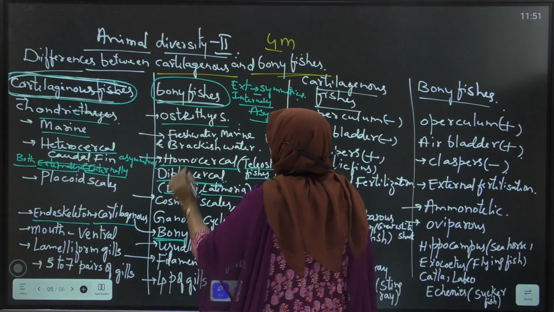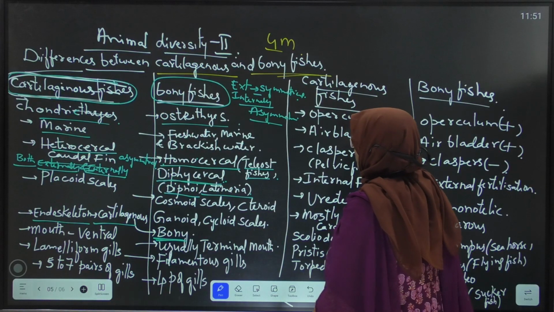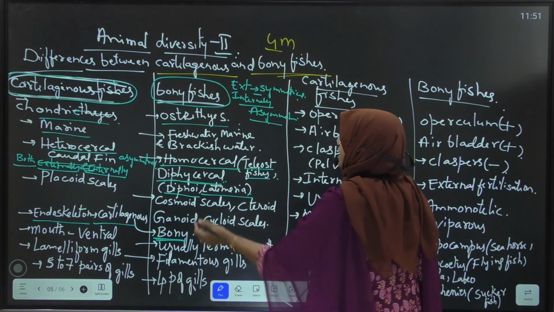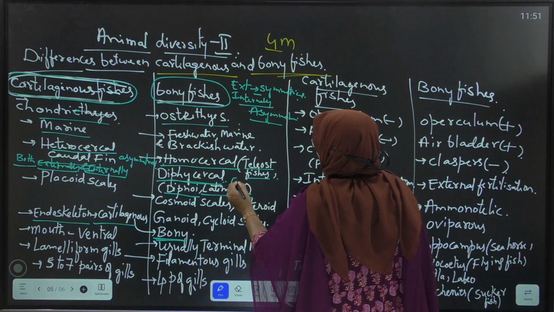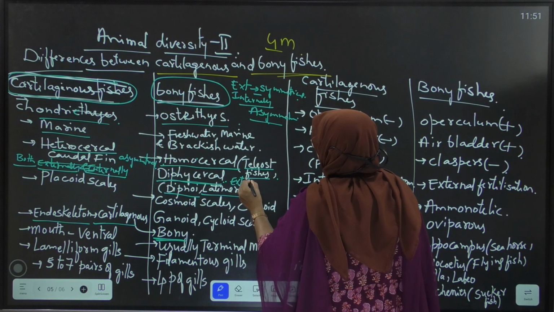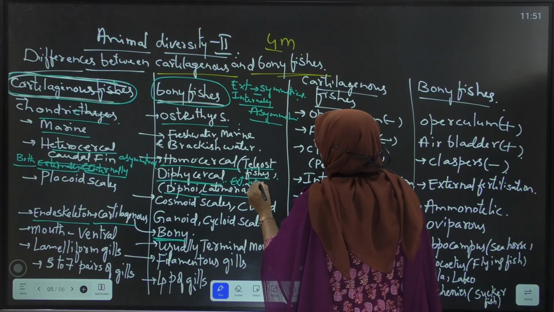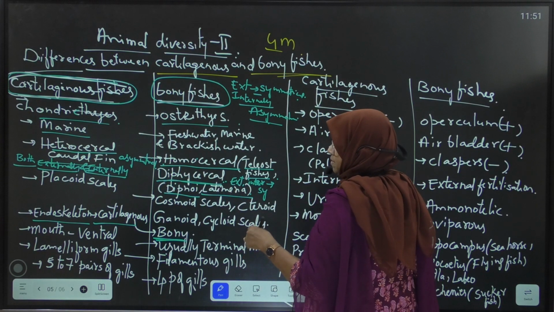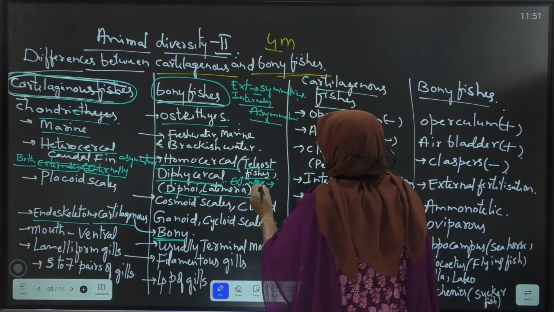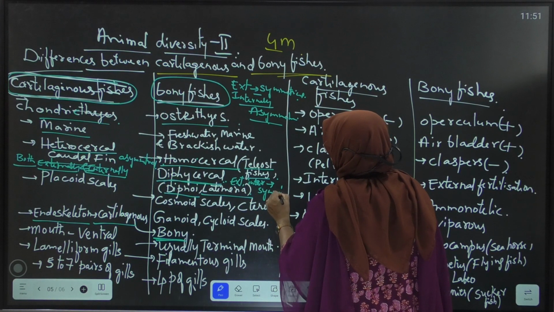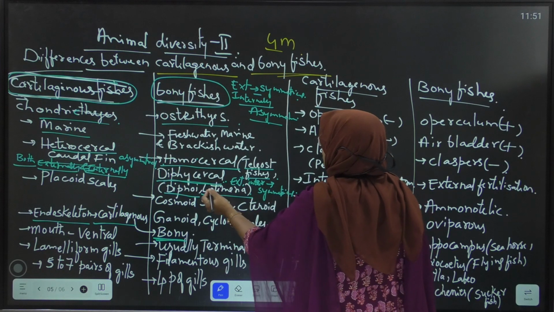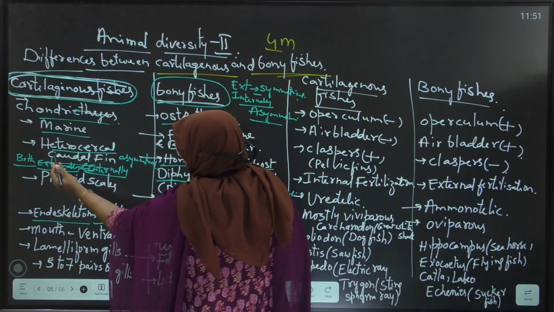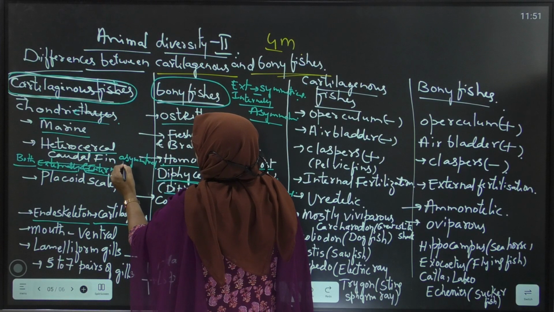Next, diphycercal caudal fin is externally and internally symmetrical, meaning both sides, externally and internally, it is symmetrical. Heterocercal caudal fin is both externally and internally asymmetrical.